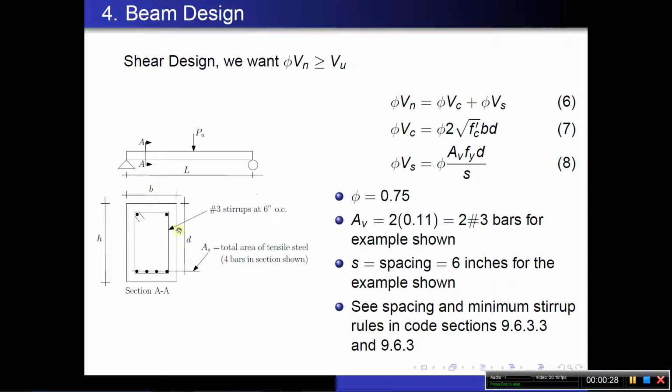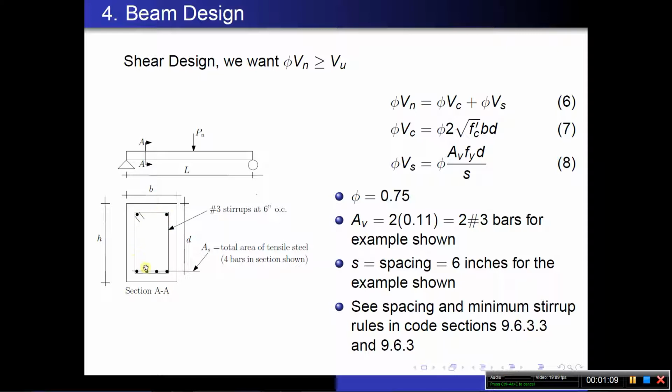Now again, we're going to have this cross-section that we saw previously, and this cross-section has not only the tensile steel in it, but it also has this rectangular hoop or stirrup of steel. In this particular example, I have drawn an arrow pointing to that stirrup, and I've indicated that it is a number 3 bar, and that at every 6 inches on center we would have one of these rectangular stirrups in the cross section of the beam.